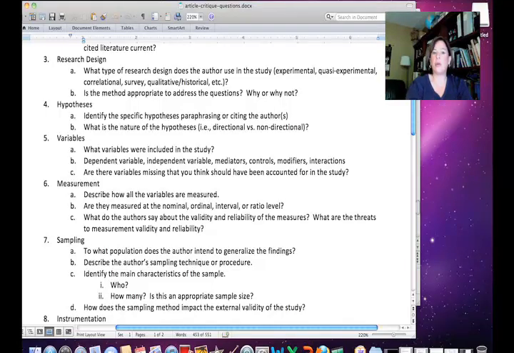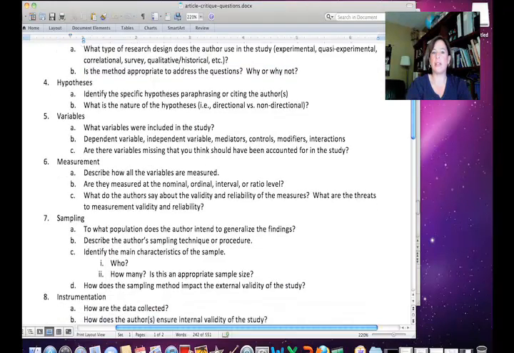Is the method appropriate to address the questions? Why or why not? Recall that the problem drives the design drives the measurement of the variables, the measurement of the variables drives the types of analyses that you can run.